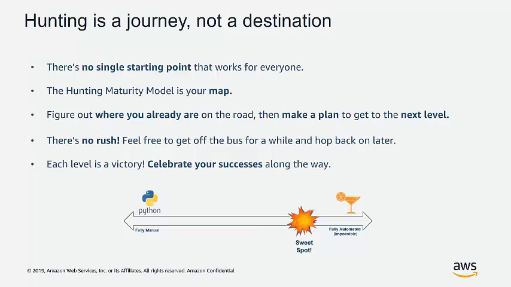Continue to move up that path, see what the next steps are for the next level, get to that level, and then repeat the process until you get to a comfortable stage. For most organizations who don't already consider themselves hunters, level 2 is a pretty good first goal. Remember, don't rush. Celebrate your successes along the way. Take a break if you need to, and take a good look at that hunting maturity model.